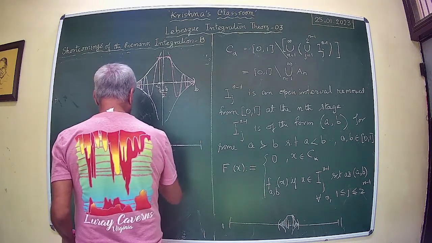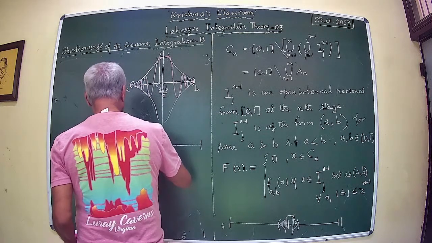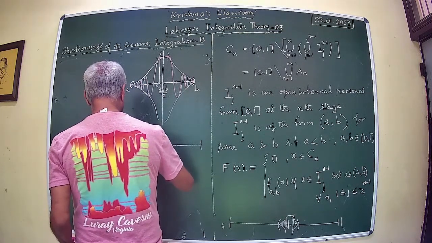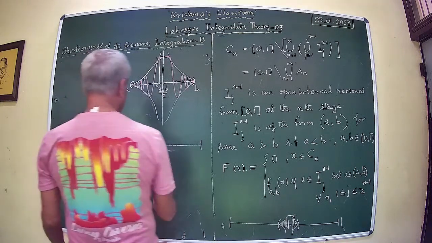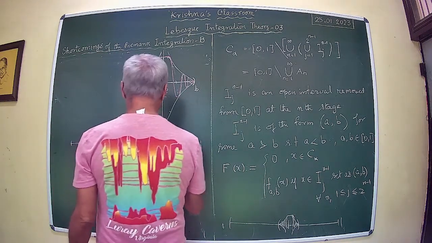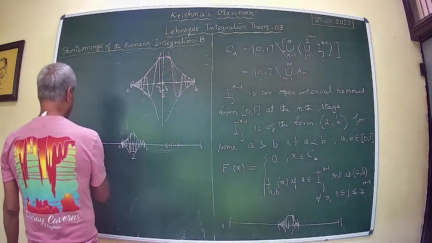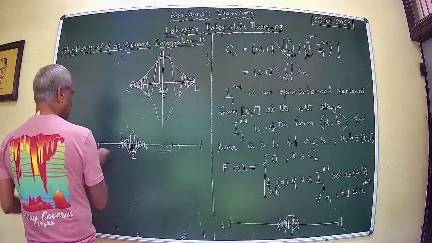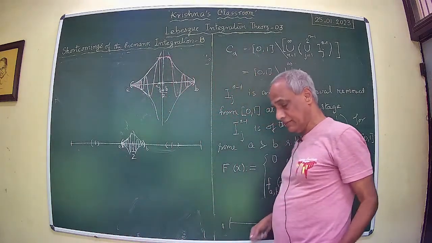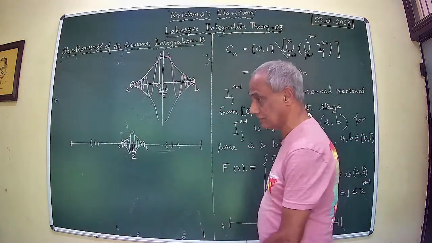Similarly you will be removing a smaller interval here, a smaller interval here, and once again you will be removing such open intervals. On each of these open intervals, you will be fitting a function like this.